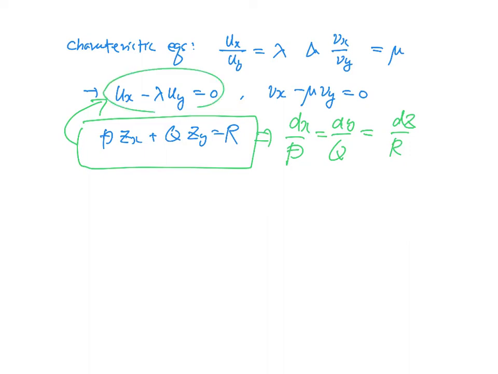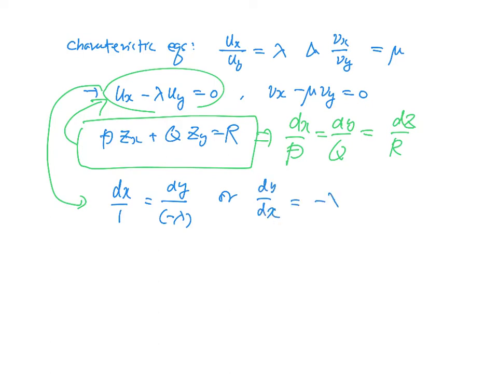So this equation can be written as: dx over 1 equals dy over minus lambda, or dy over dx is minus lambda, right? So dy over dx plus lambda equal to 0.